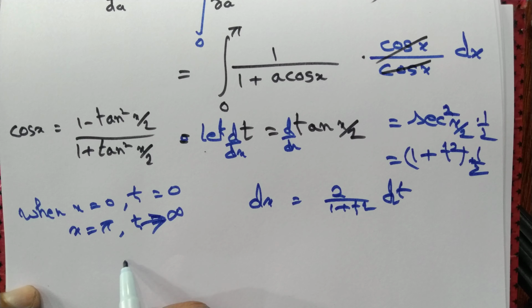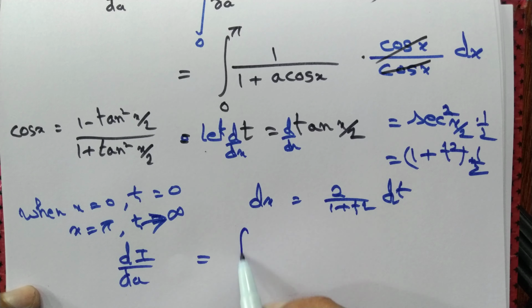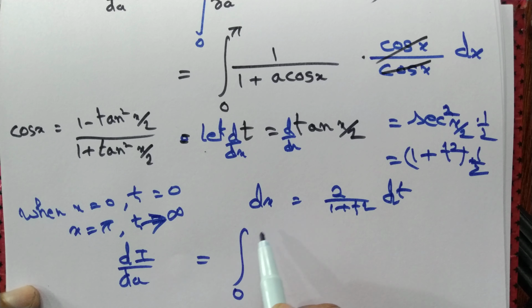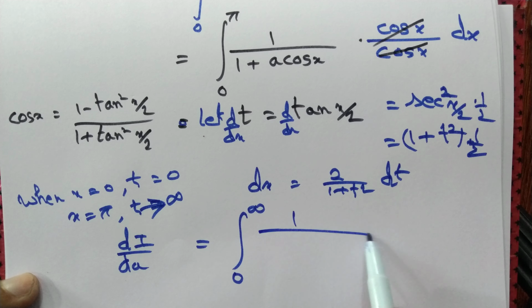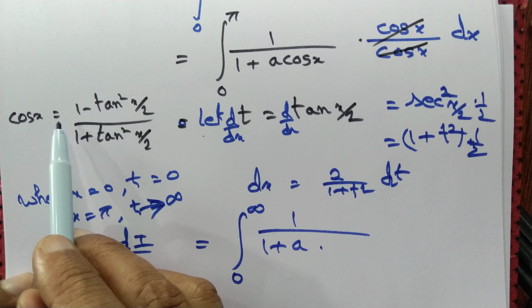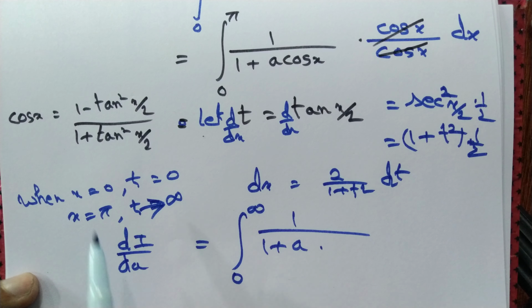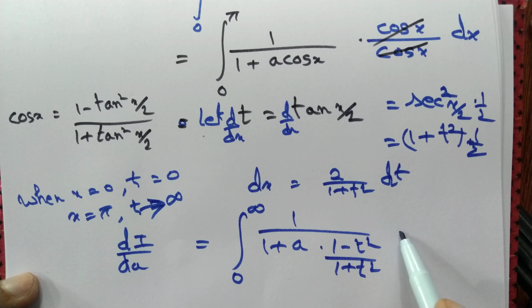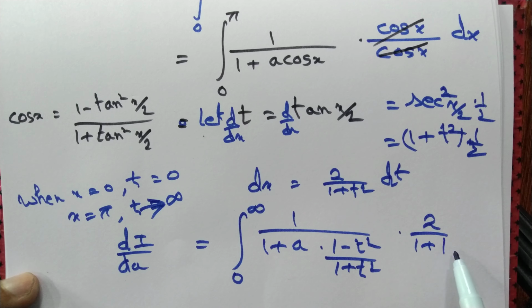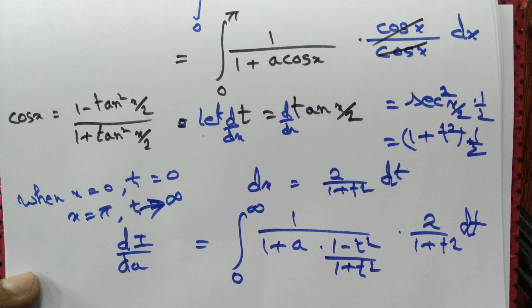So we can say that dI/da is exactly equal to the integral from 0 to infinity, as x changes from 0 to pi, t changes from 0 to infinity, of 1/(1 + a cos x), where cos x equals (1 - t²)/(1 + t²), and dx equals 2/(1 + t²) dt.